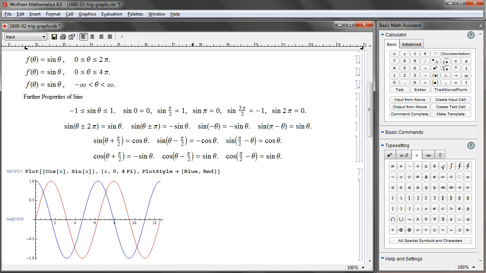Here cosine is blue, sine is red, and as you can see, the cosine function, the blue function, is just the same as the sine function, except that it is shifted to the left by pi over 2. That's when sine of pi over 2 is 1 and cosine of 0 is 1. So it is a parallel shift and the magnitude is pi over 2. And that's how we get a relationship between the sine and cosine functions. Sine of theta plus pi over 2 is cosine of theta, like that.